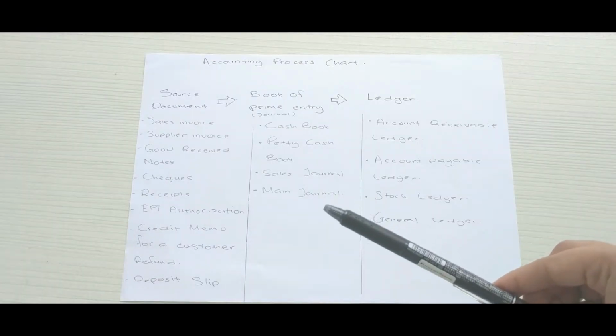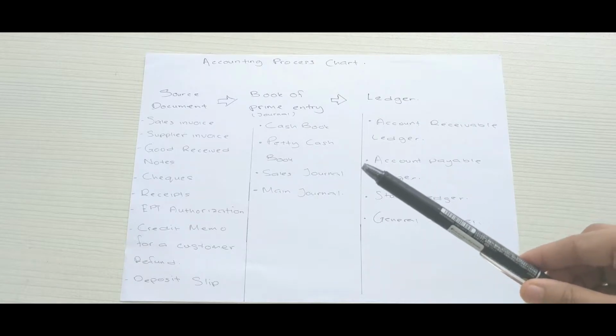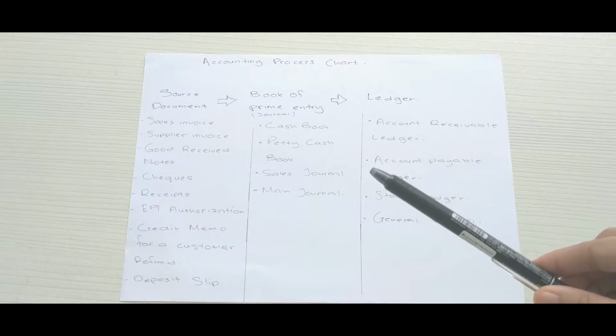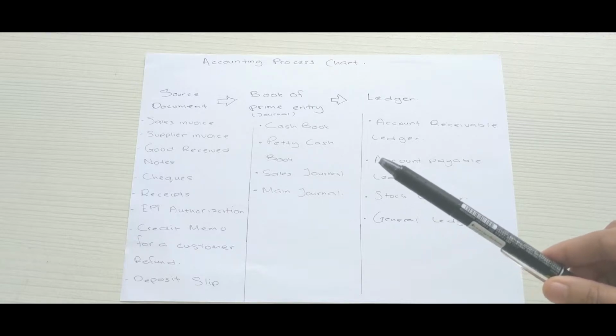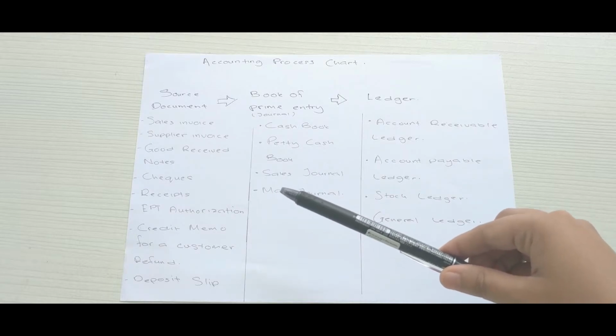Journalizing is the process of recording a business transaction in the accounting records. This activity only applies to the double entry bookkeeping system.